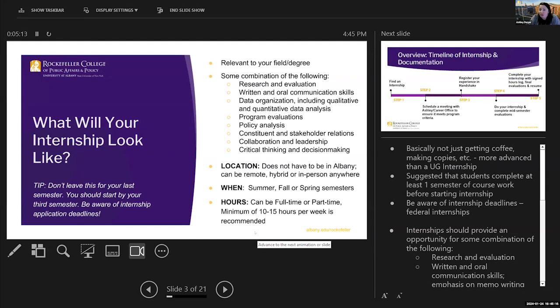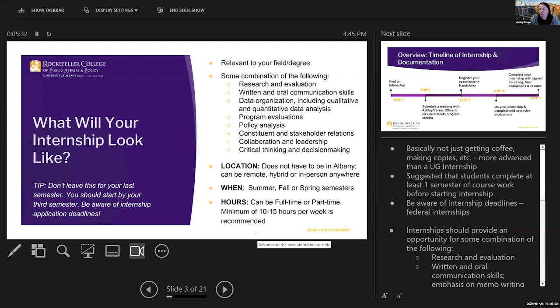In terms of timing, it can happen in summer, fall, or spring. Internships are offered year-round by most organizations. We find that summer is typically the most common time frame for students to complete their internship. Typically after their first year, they'll do an internship that summer.